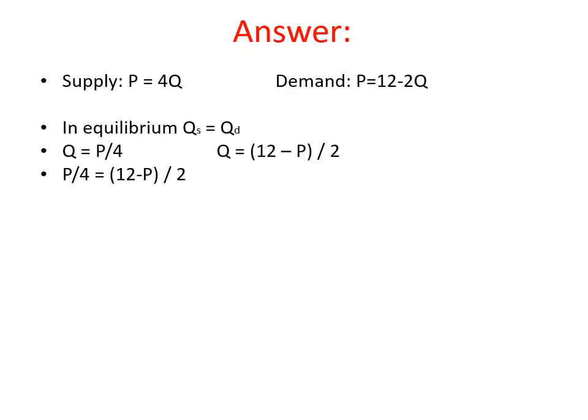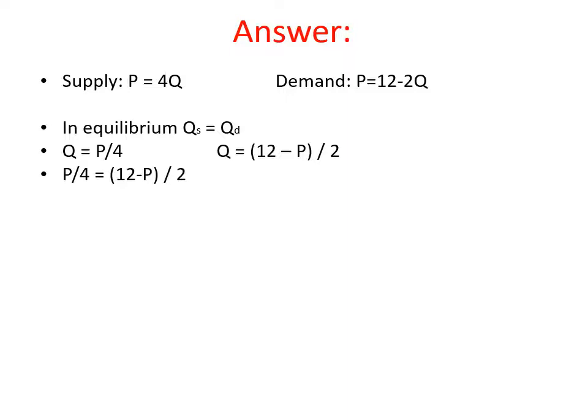Are there shortcuts to solve other ways, where we just have the prices equal to each other and smush the equations together? It will work now. It won't work in the long run when we start doing things that are more advanced with taxes and subsidies and other things. So we're going to solve for Q for each of these equations. The standard supply curve is Q equals P over 4.